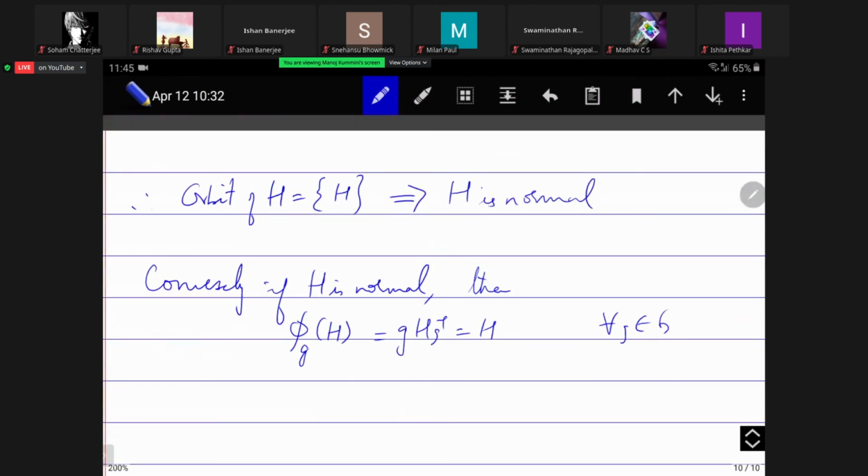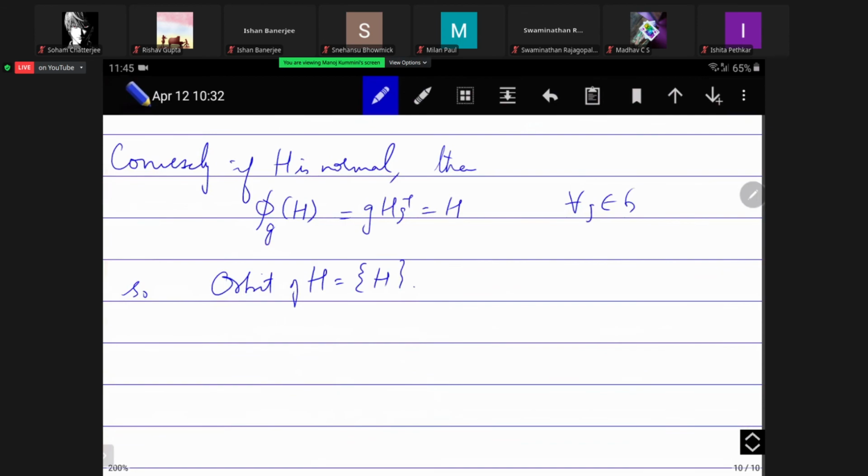So the orbit of H is a singleton. So actually, this is an equivalence. The proof written below is the proof of the red arrow direction. Okay, so I'll stop here.